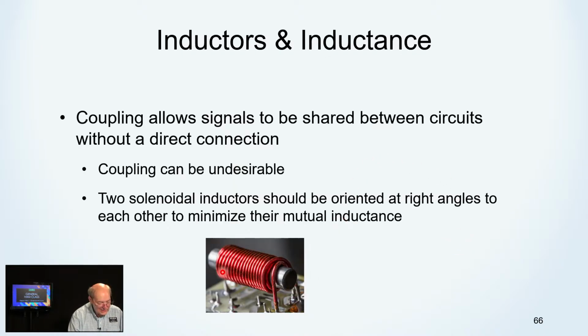Here's another kind, a solenoidal inductor that's wound on a core. As I said, coupling can be undesirable. And to minimize that effect, if you're using these, they can be oriented at right angles to each other. So if you were designing a circuit board and it had inductors, if you put them at right angles to each other, they won't couple as much. Most of you won't be doing that.